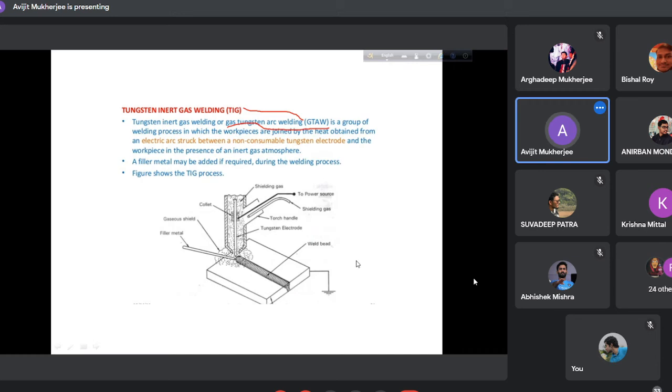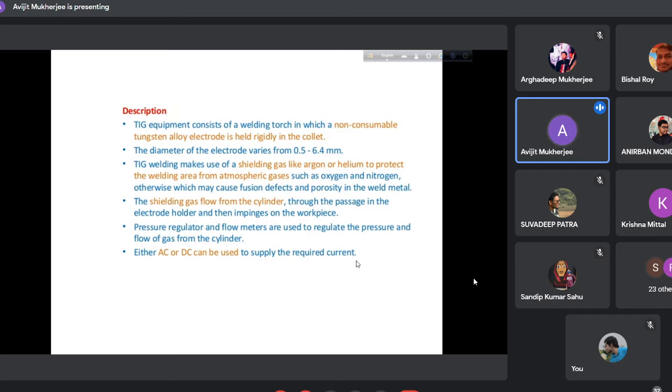Aluminium industries, aviation industries, they utilize this TIG welding. In aluminium industries, TIG welding is very prominent. So this is the description. In any book you will get this description, and this inert gas, shielding gas, like argon, inert argon or helium or carbon dioxide.